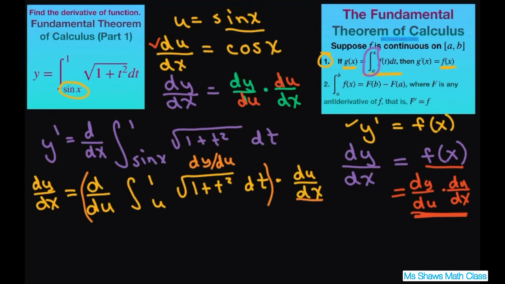So once you have that, let's go ahead and reverse these because it's still not in the right form. We want u to be the upper limit. So we're going to write this as negative du, and then just put the u as the upper limit.